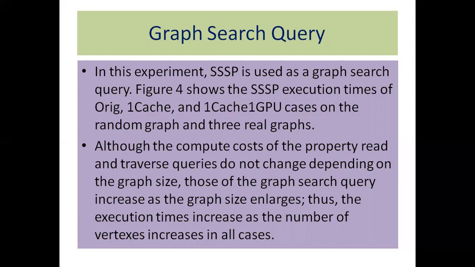Although the compute costs of the property read and traverse queries do not change depending on the graph size, those of the graph search query increase as the graph size enlarges. Thus, the execution time increases as the number of vertices increases in all cases. When there is an increase in the vertices, edges, or nodes, the execution time increases.